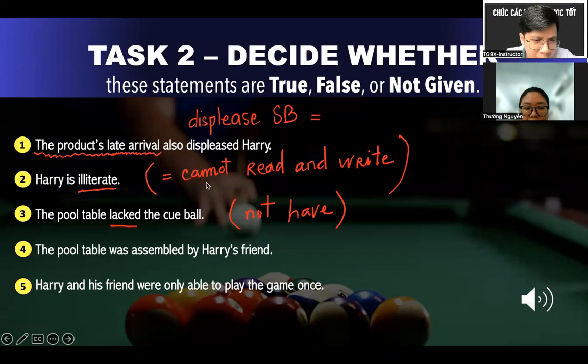Harry, not Menzies, right? And he did not find the cue ball, and then his friend came over with a cue ball. But I'm not sure if his friend.